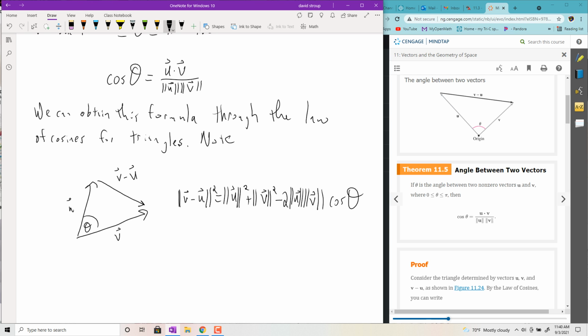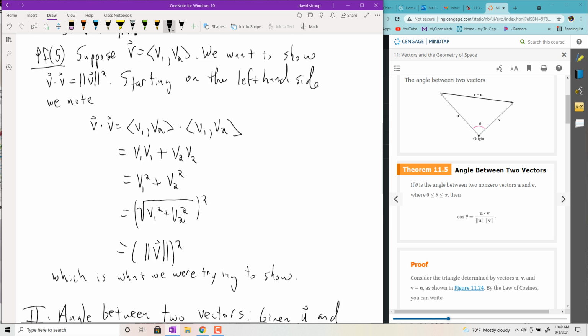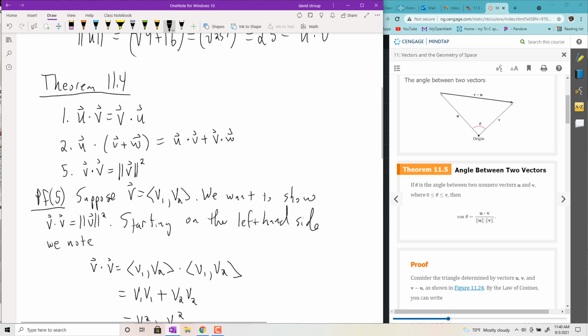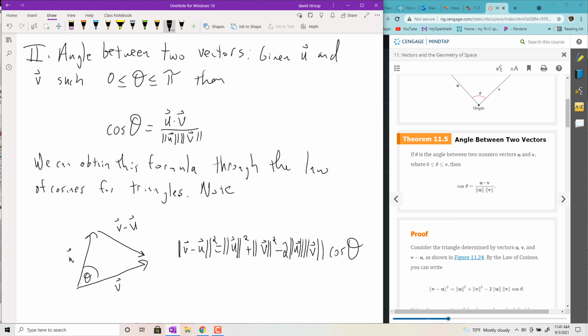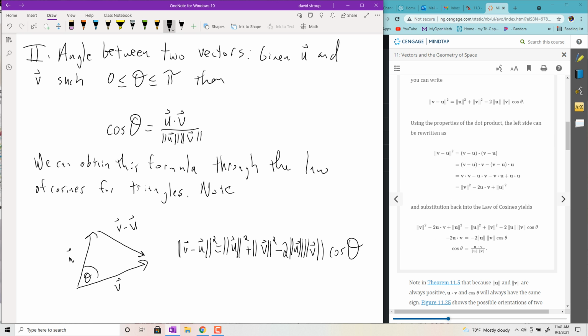Okay. So you're going to be able to make this relationship by noting the fifth point from theorem 11.4. You can use that to replace the magnitude squared, and then you can solve for cosine theta, and you end up with the formula we're after.